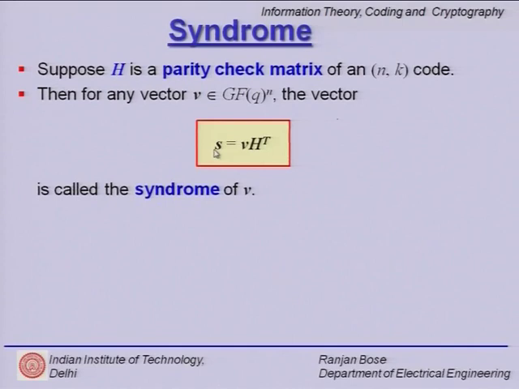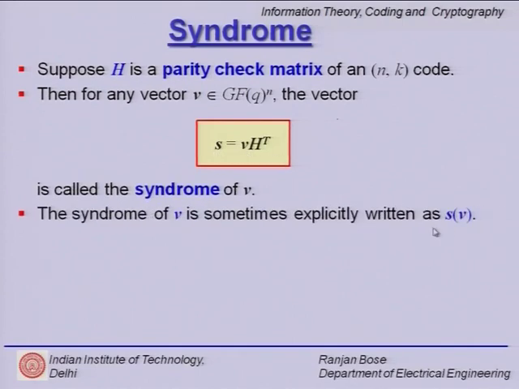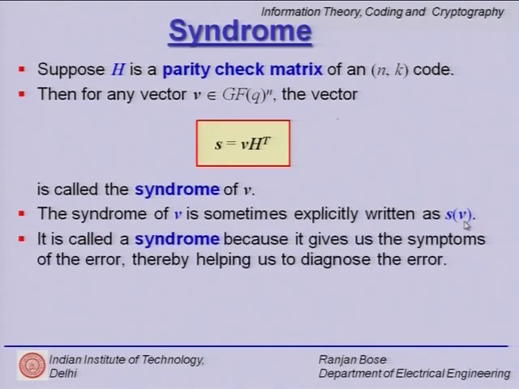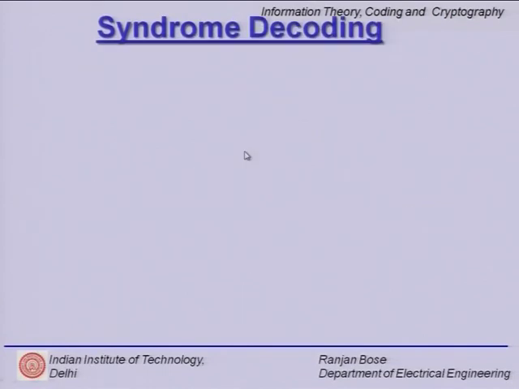This S is called the syndrome of nu, and sometimes it is explicitly written as S of nu. It is called a syndrome because it gives us the symptoms of the error, thereby diagnosing the error. If you remember, if this nu was a valid code word C, then C H transpose would be 0. So the syndrome is 0 by definition for an actual code word.